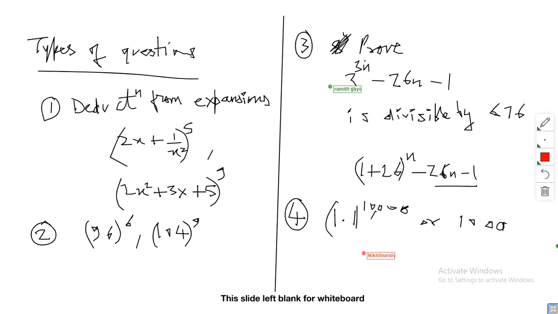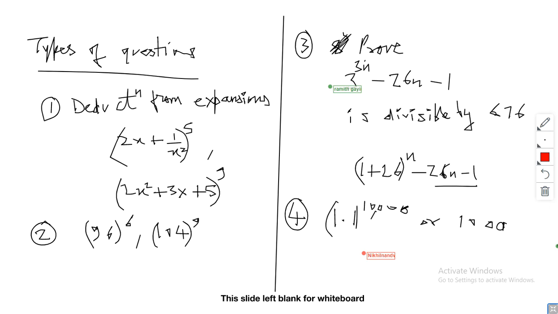Then you will expand (1 + 0.1)^10000, and after expanding, just the first two terms add up to 1001. If you add the other terms, it will become a very, very big number.